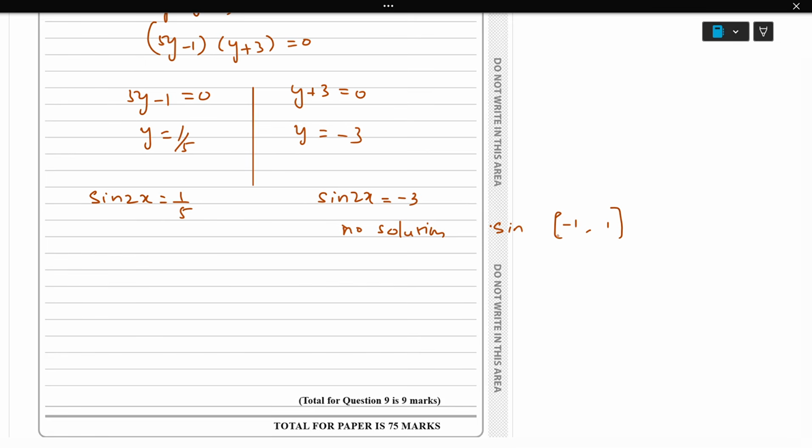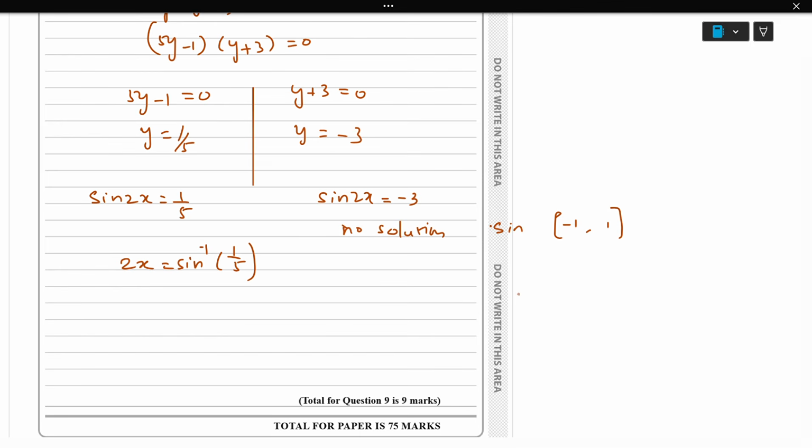That is the range for sine. So negative 3 has no solution. From the left side, sin 2x equals 1/5, so 2x equals sine inverse of 1/5.